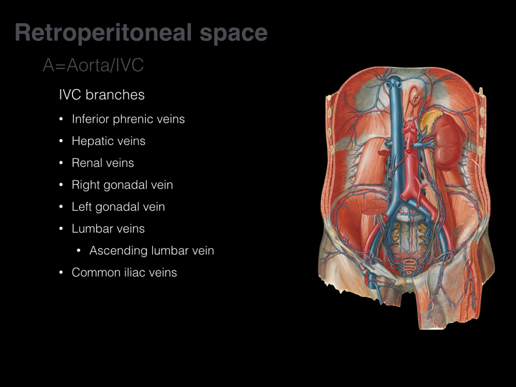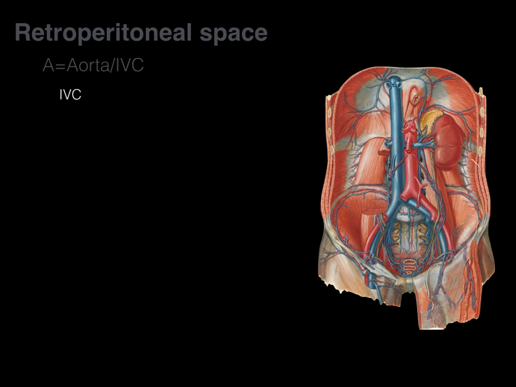All right, now the IVC, or inferior vena cava, and its branches. There we've got the IVC, and there's the midline, and the inferior vena cava is just to the right of the midline in anatomical position. One of the first branches is called the inferior phrenic vein, which drains the bottom, inferior surface of the diaphragm.